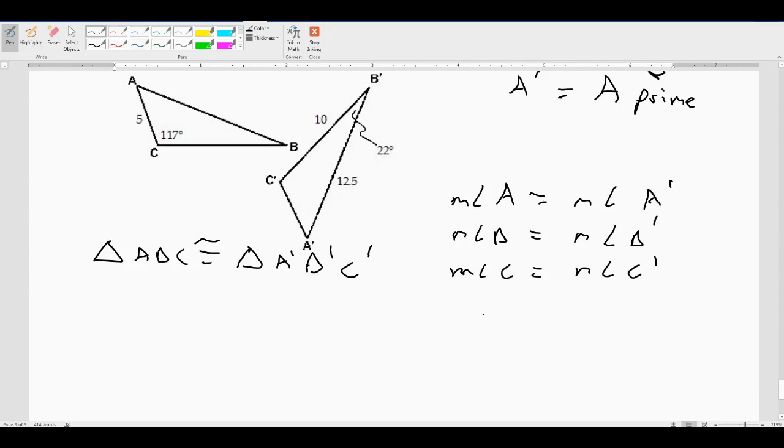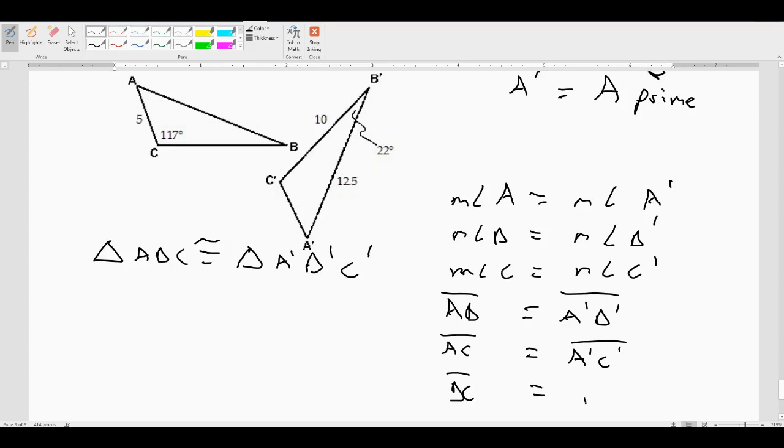And then you can say that side AB is going to be equal to side A prime, B prime. And then side AC is going to be equal to the measure of A prime, C prime. And then we got AB, AC, and that just leaves BC.